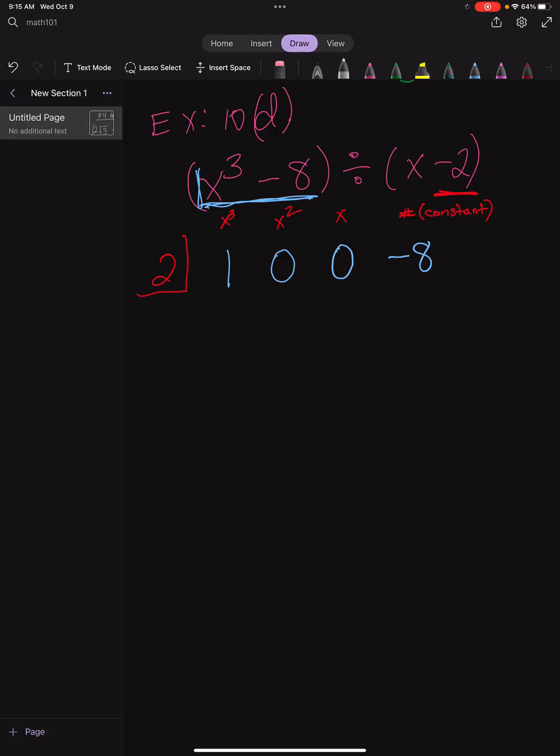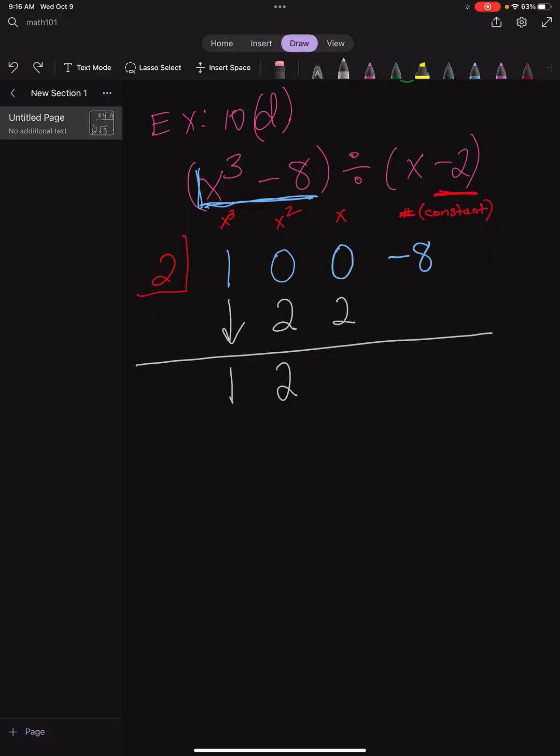So now let's go through the process. It gets very fast when you get comfortable with this. You carry down the 1, multiply 2 times 1 is 2, add the column, multiply 2 times 2... Oh Lord, I did that wrong.